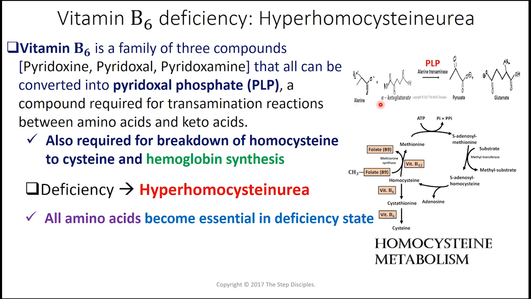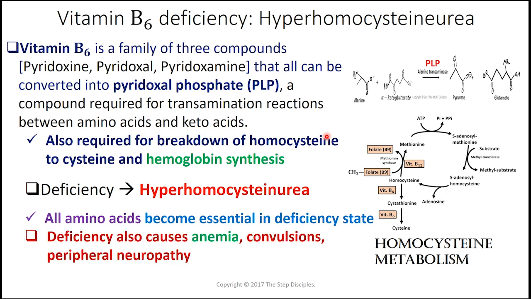All the amino acids are going to become essential, because the way in which we get some of the amino acids is through these PLP transaminase reactions, and PLP is a huge cofactor in those reactions. So all amino acids become essential in the deficiency state.